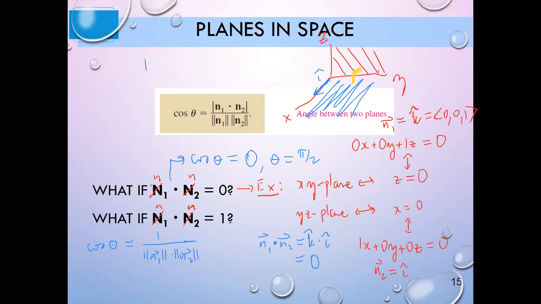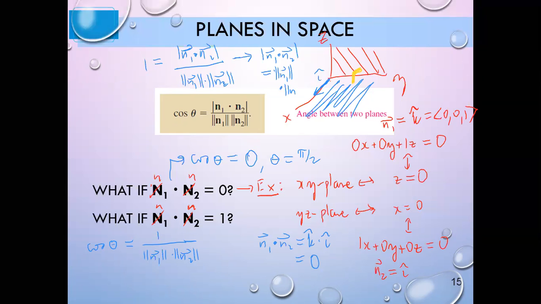And so you would get 1 equals the absolute value of the dot product over the product of the lengths. So what you would get in this case is that the absolute value of the dot product would have to be equal to the product of the lengths. And that's really all you can conclude.